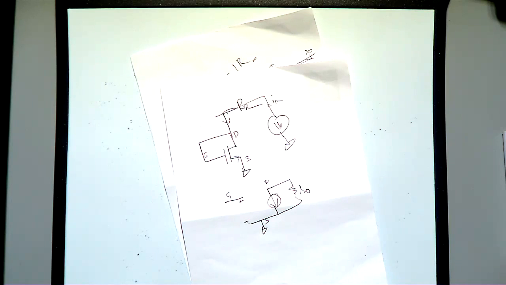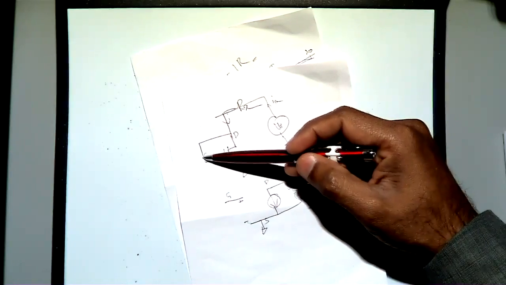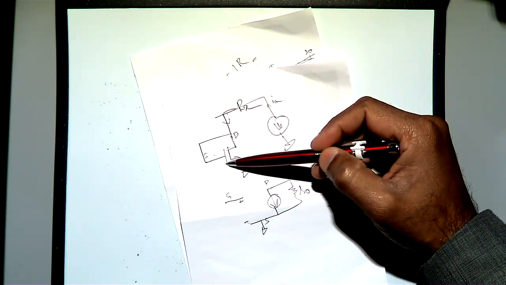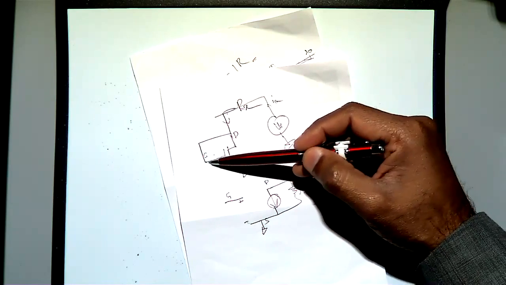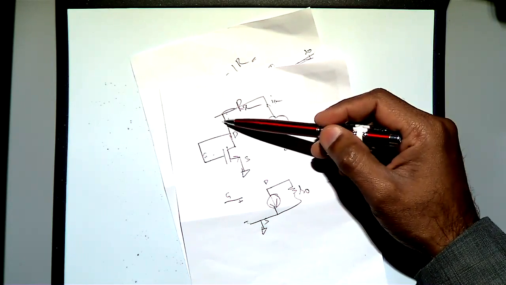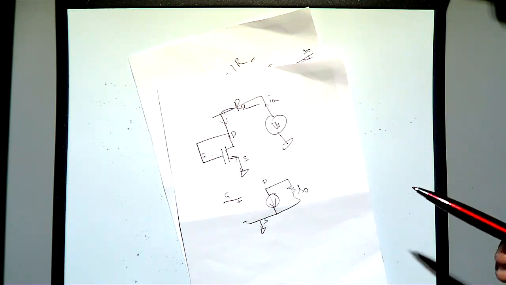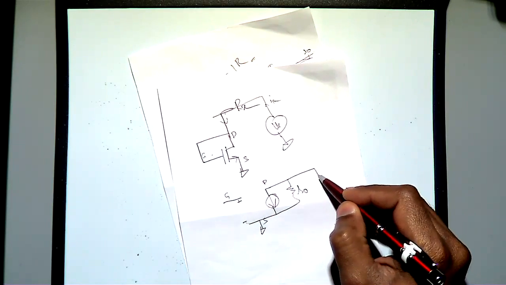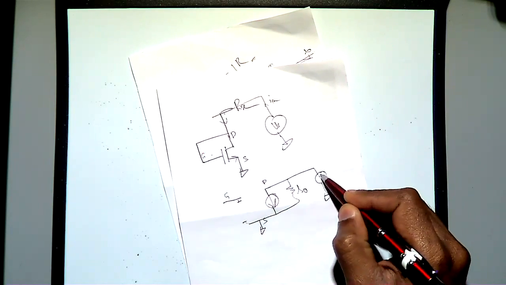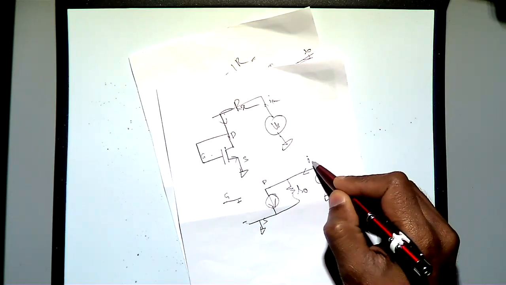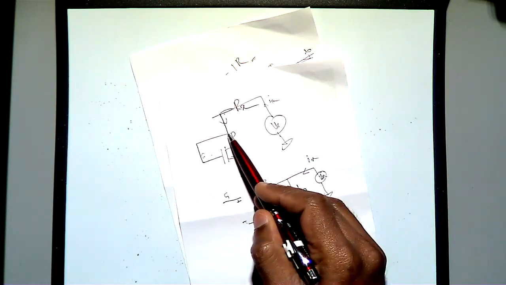You know what I mean? So apply a test voltage source and then ground the input if it is open. But here the input is not open, it is connected together. So please don't ground it, because you don't have an input here, since the input is already closed here. So I am going to connect a test voltage source here. That is Vx, and that is Ix. Then drain and gate connected.